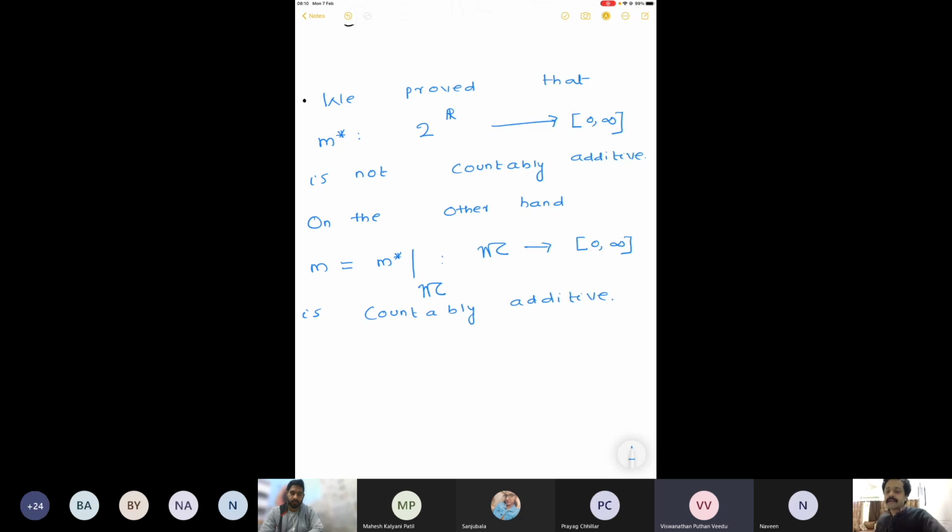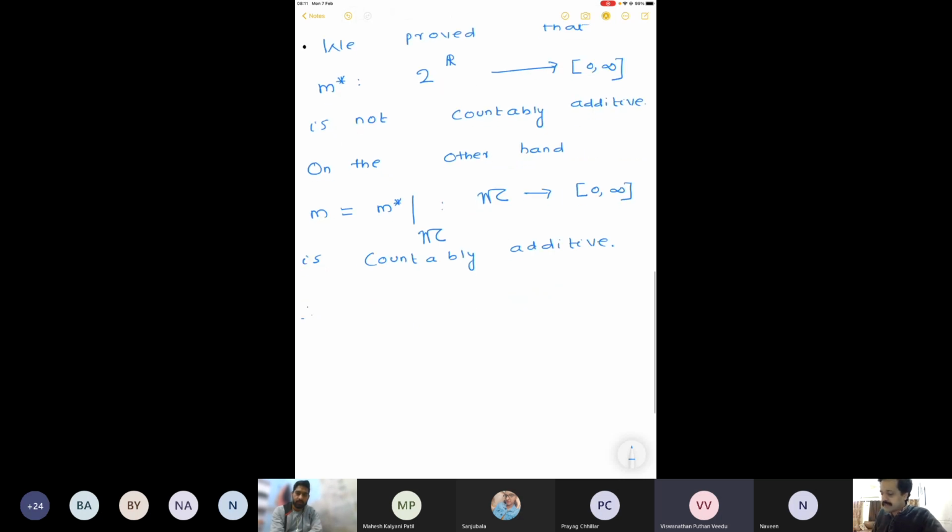So the original function m star is not countably additive, whereas its restriction to script M is countably additive. These two facts should give you that script M is not equal to 2 to the power R. Therefore, script M, the collection of all Lebesgue measurable sets, is not equal to 2 power R.